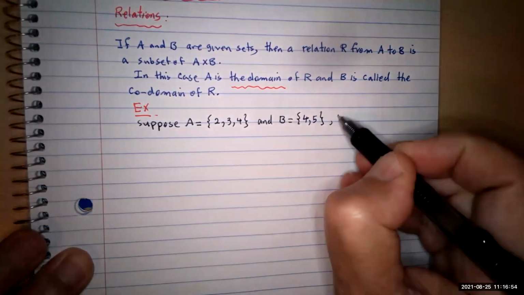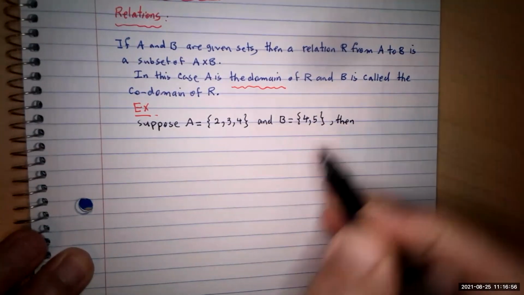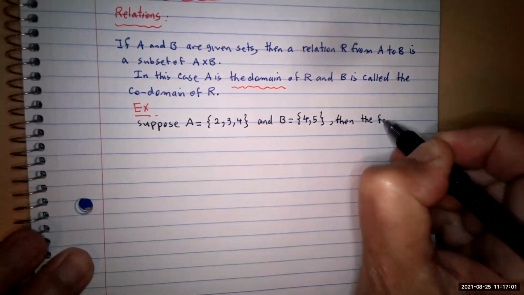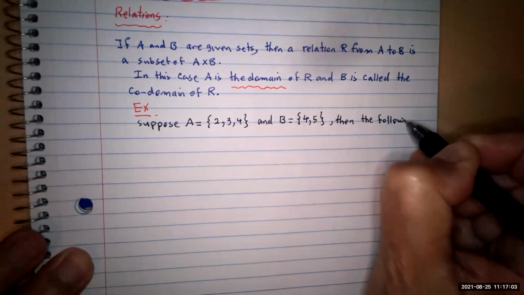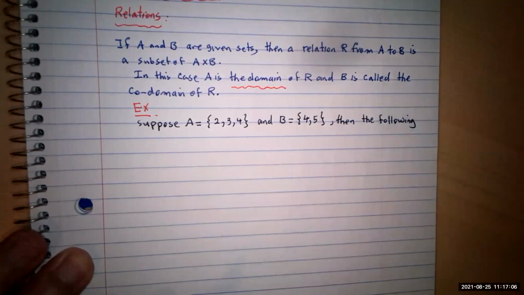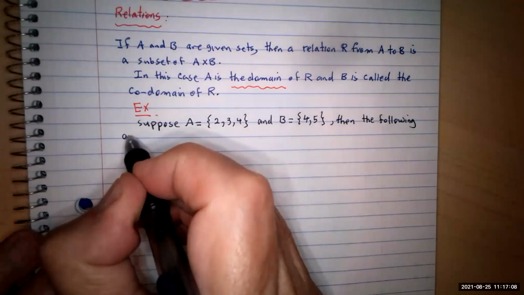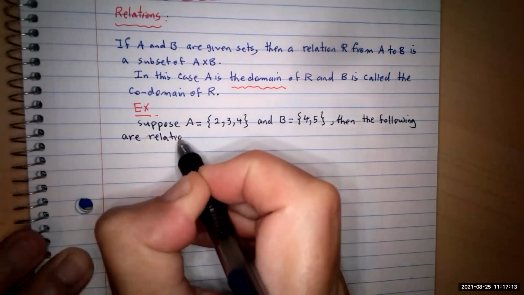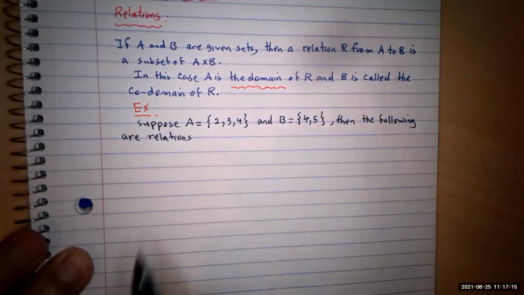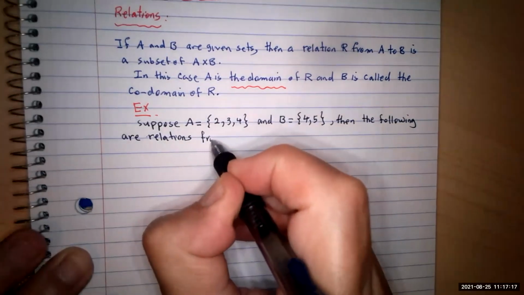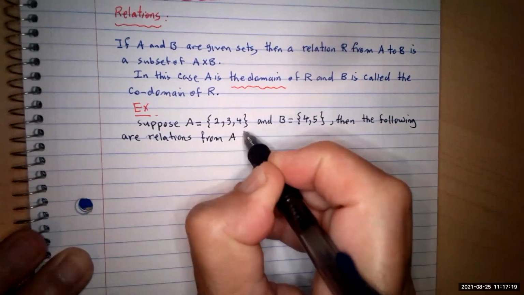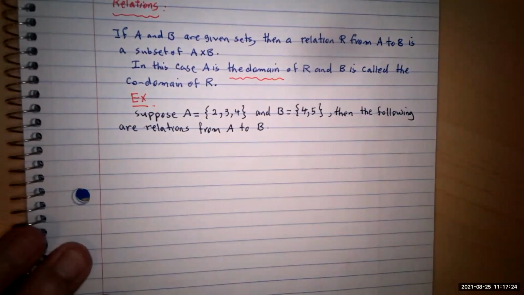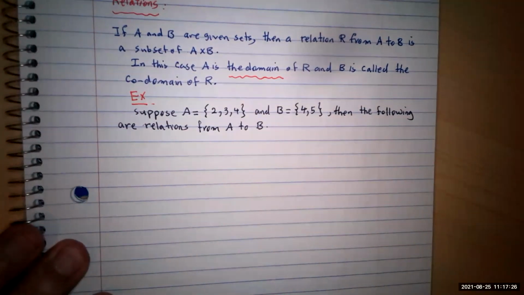Then we're going to give some relations. Then the following are going to be relations. They're going to be relations defined from A to B. Remember, a relation must be a collection of ordered pairs.